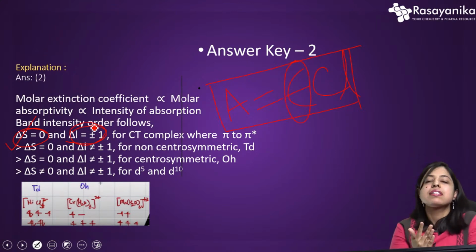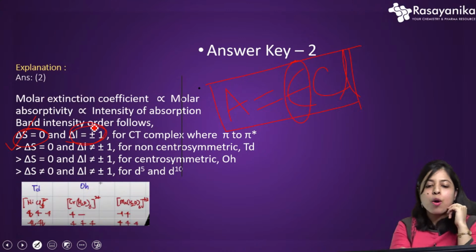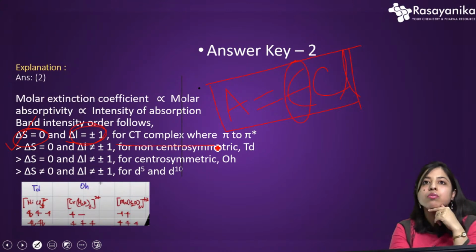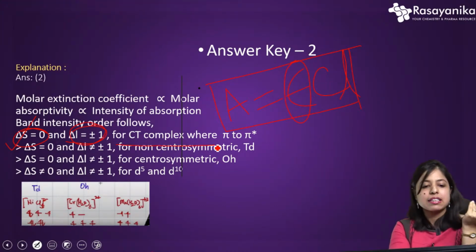What kind of molecule follows this rule? Only the charge transfer molecule, the CT complex, where the transition occurs from pi to pi star. This is spin allowed as well as Laporte allowed.